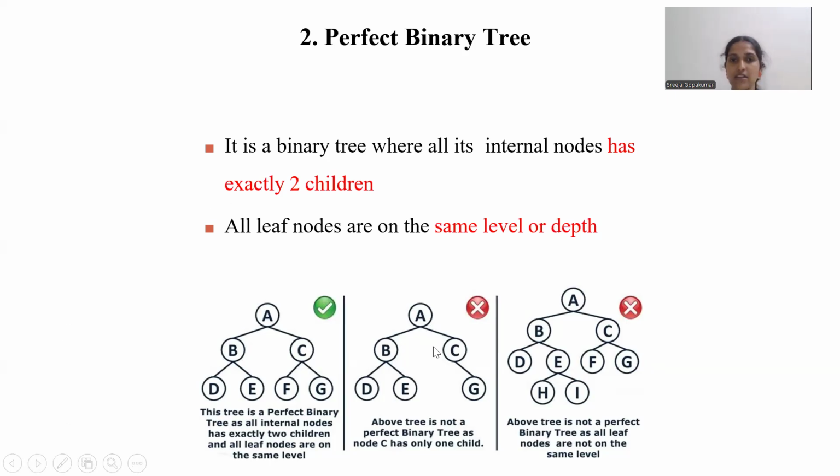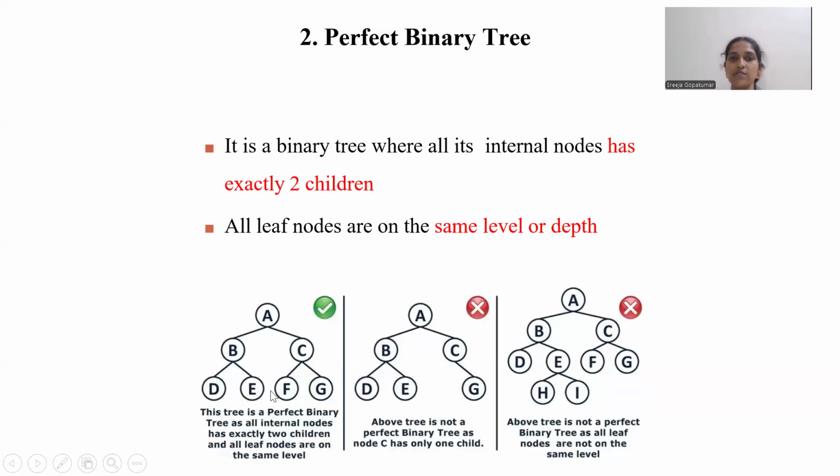There are 3 examples given here. Let's see them one by one. In the first tree, the internal nodes are B and C. As per the perfect binary tree's definition, internal nodes must have exactly 2 children. B has 2 children, and C also has 2 children.